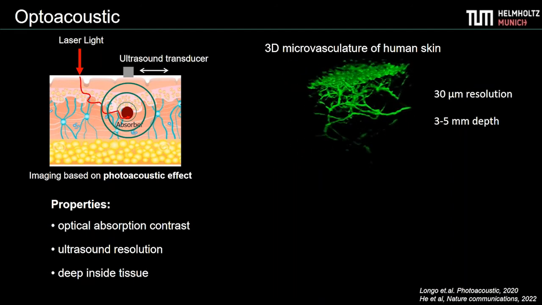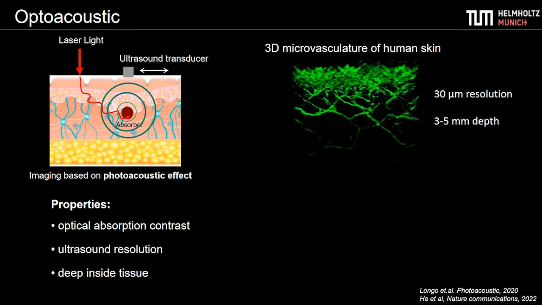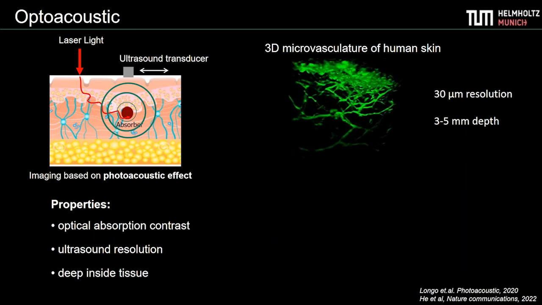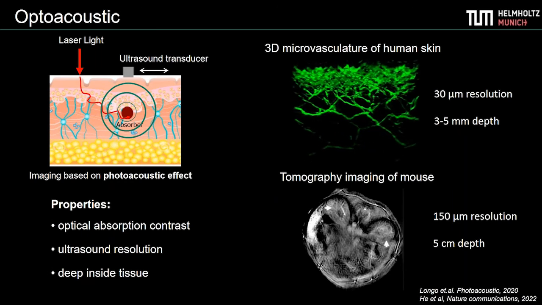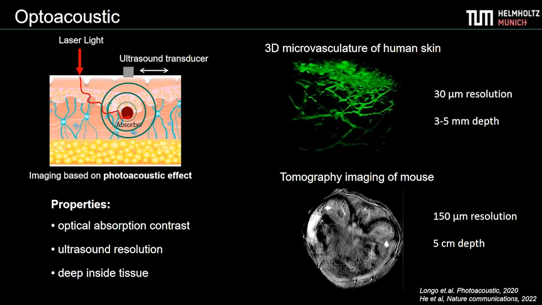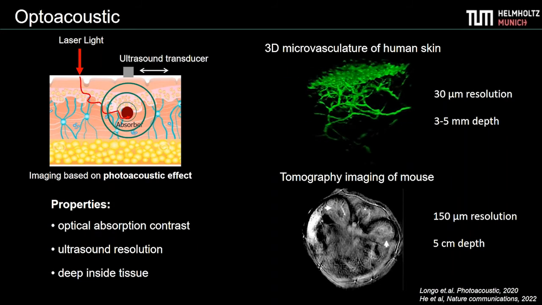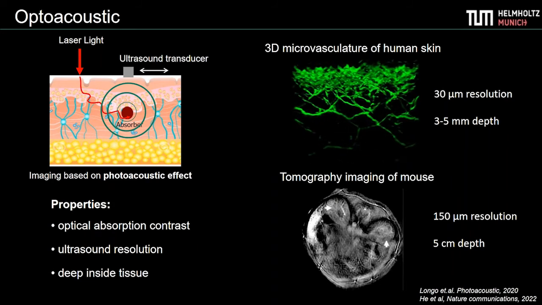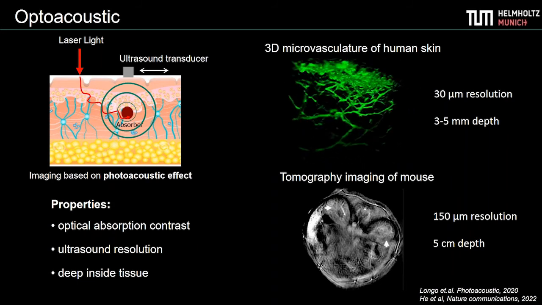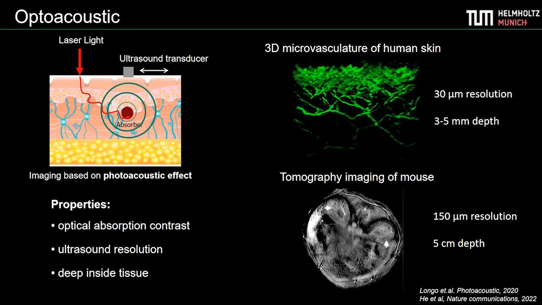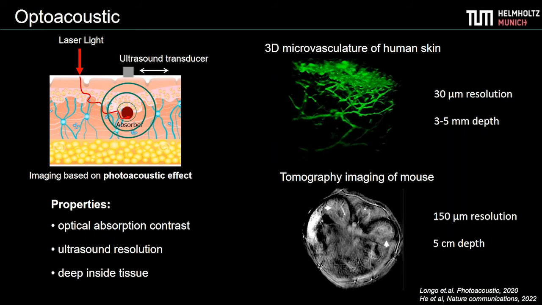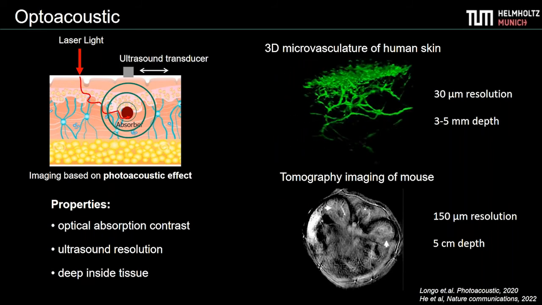And then we can penetrate around 3 to 5 millimeter deep inside tissue, depending on the wavelength. Of course, we can also implement it in tomography mode by sacrificing the resolution. For example, here shows a cross-section image of a mouse body. We can achieve 150 micrometer resolution and around 5 centimeter penetration depth. This image was acquired by the MSOT system from iThera.